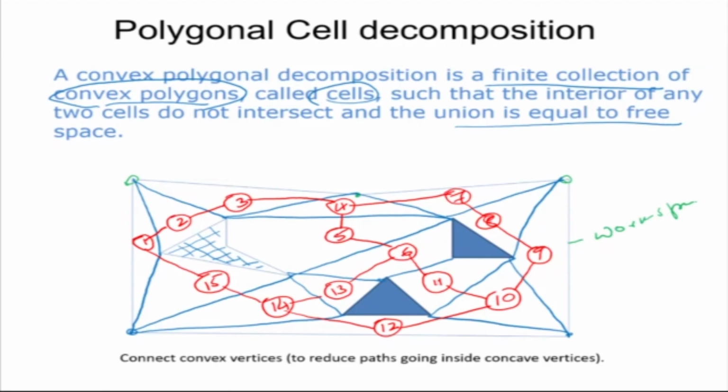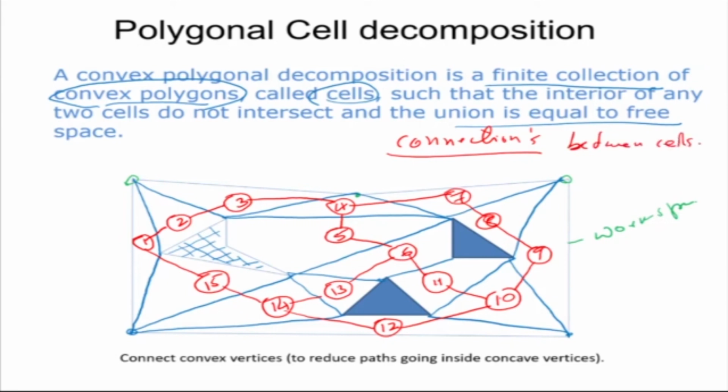There is a third path also, 1, 15, 14, 12, 10, 11. So I have divided the total workspace into convex polygons called cells, and I can find connections between cells now.